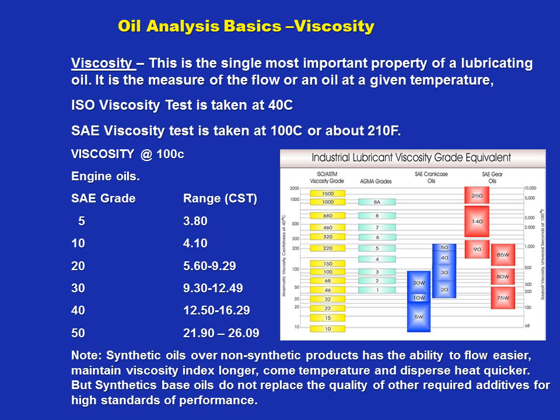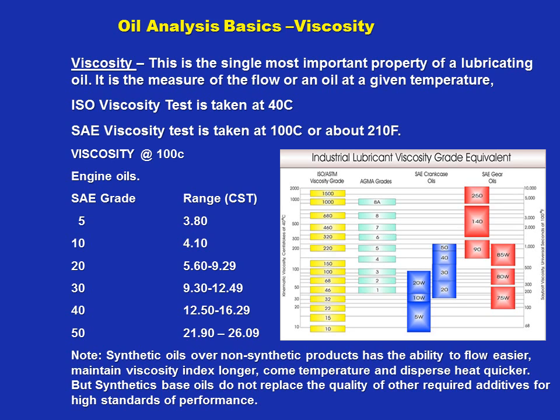Here's a basic viscosity chart. You'll see that you have ISO and SAE grades. For instance, the International Organization for Standardization ISO 220 is the same thing as a 90-weight gear lube. In the same way, in a crankcase motor oil, it's the same thing as a 50 weight.